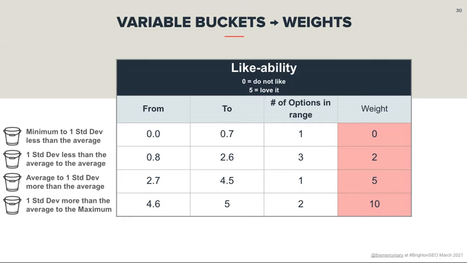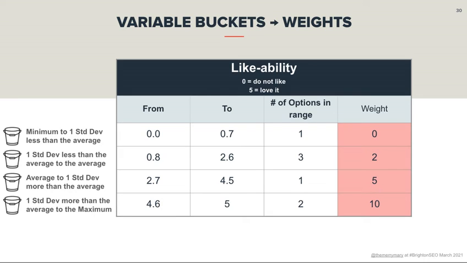So picking our variables, we've picked likability for one of them, and we then have a weighting tab. So in that sheet, if you're following along, you'll see that weighting tab, and there's these 4 different buckets, ranges of those numbers that we saw in the first dinner table. So we use averages and standard deviations to develop these buckets automatically.